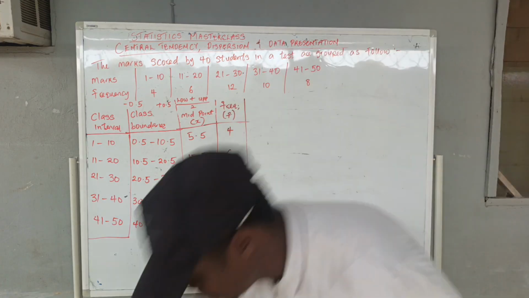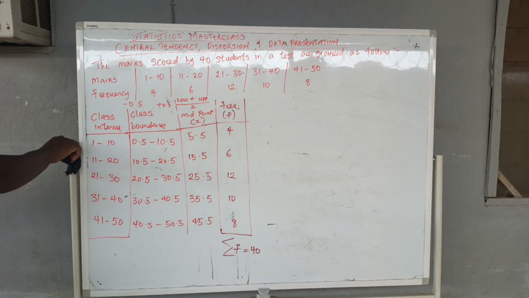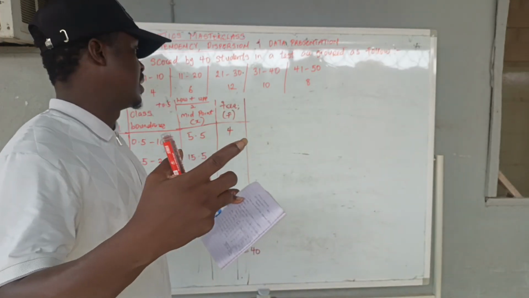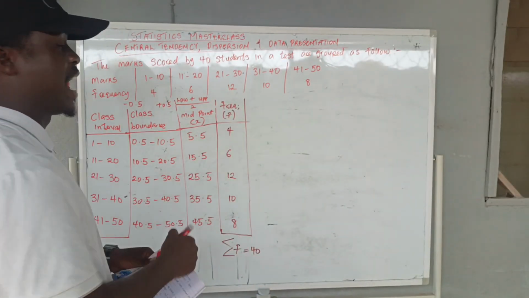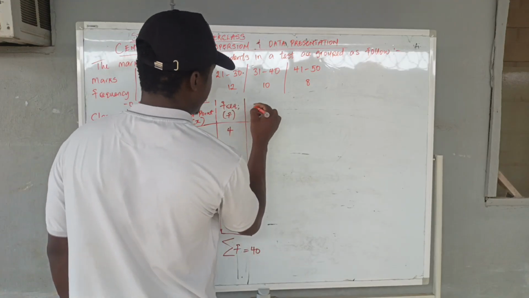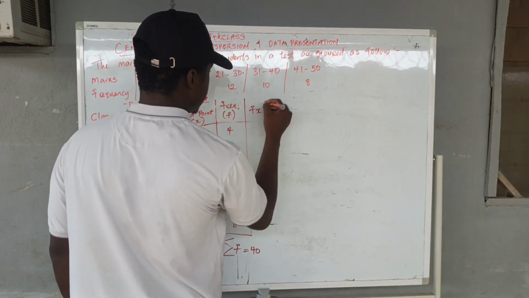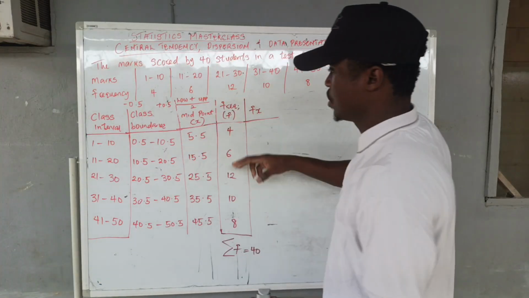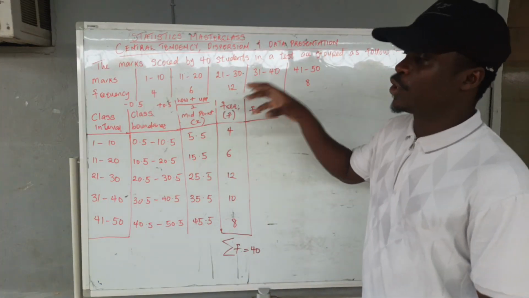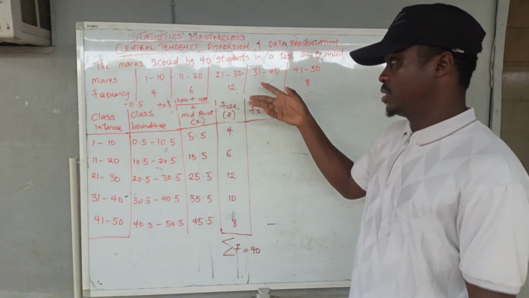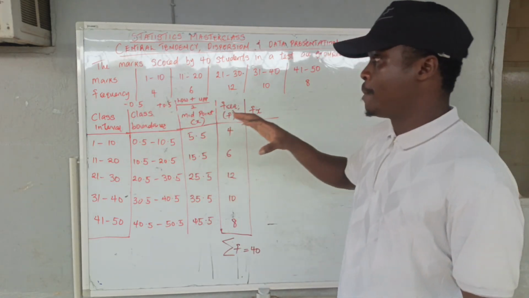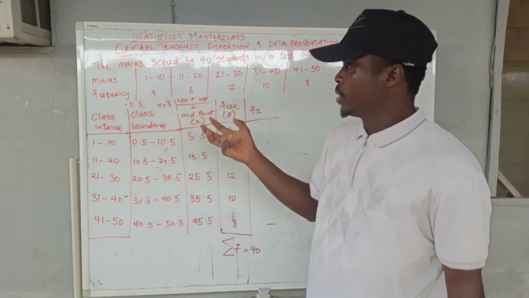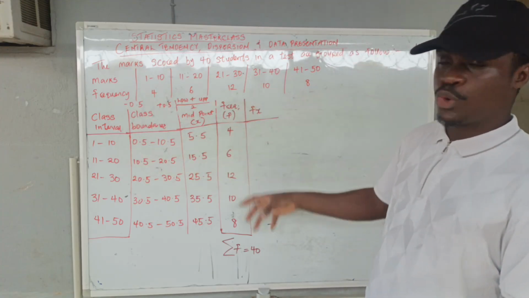Now, let's move to the next one. The next one is the multiplication of your frequency and your midpoint together, which is known as fx. It means the midpoint, which is the average of your class interval, multiplied by the frequency.